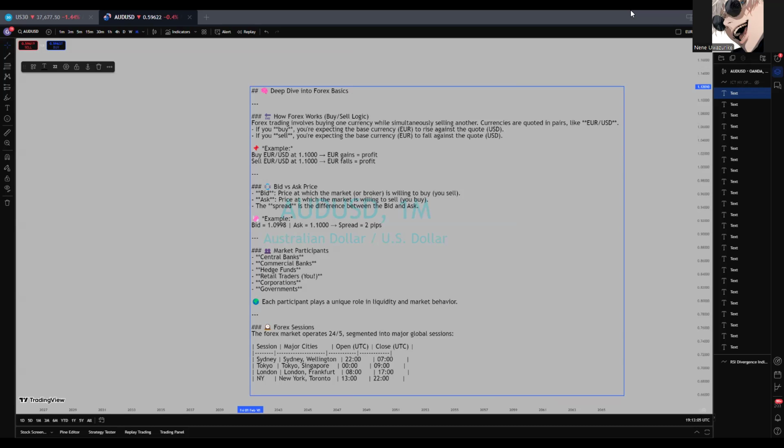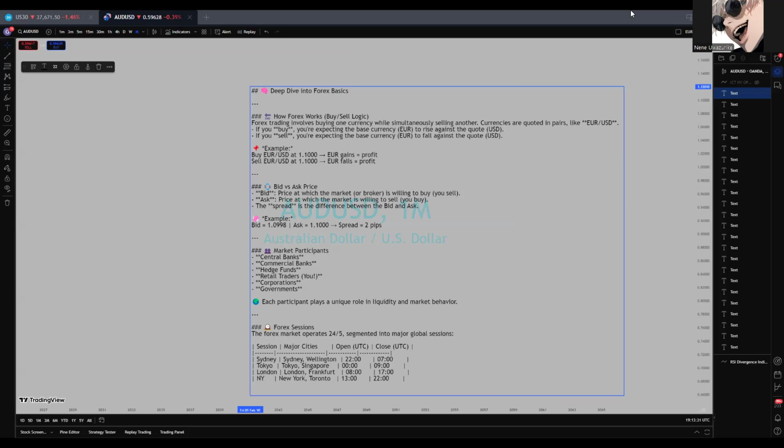Forex trading involves buying one currency and simultaneously selling another, because currencies are quoted in pairs, like the euro and the dollar. If you buy, you're expecting the base currency, euro, to rise against the quote currency. And if you sell, you're expecting the base currency, euro, to fall against the quote currency.